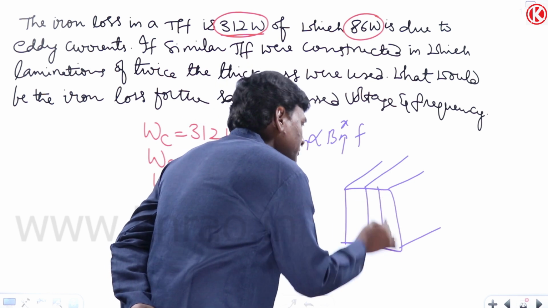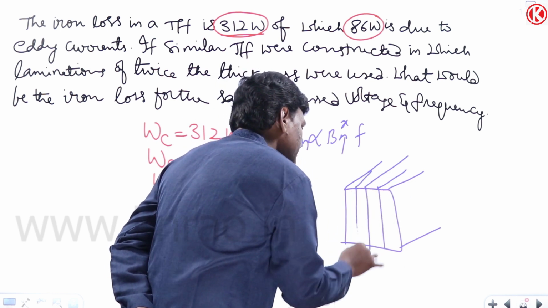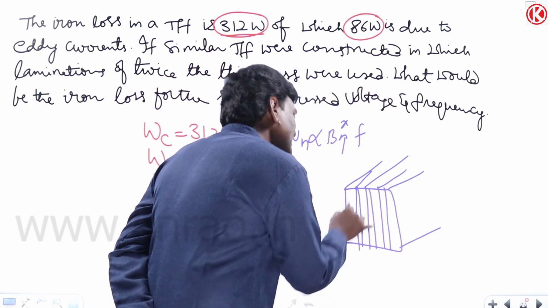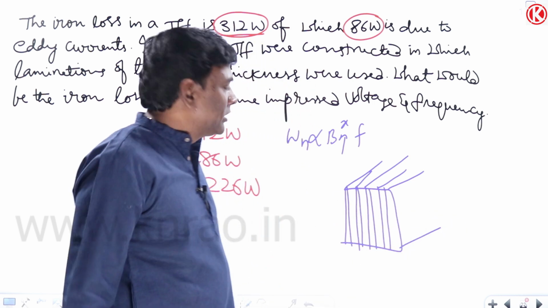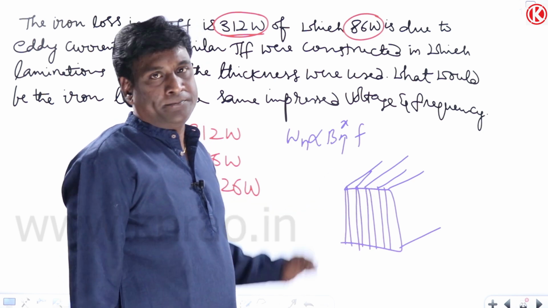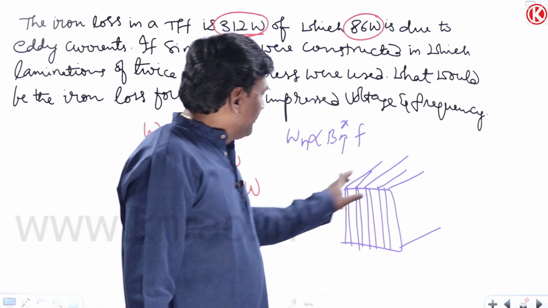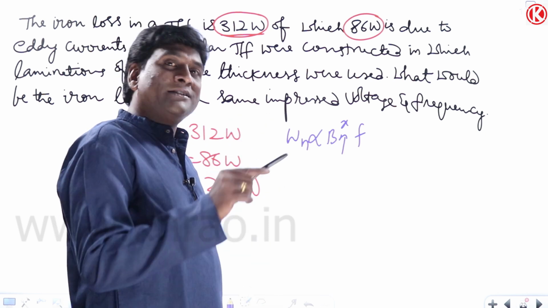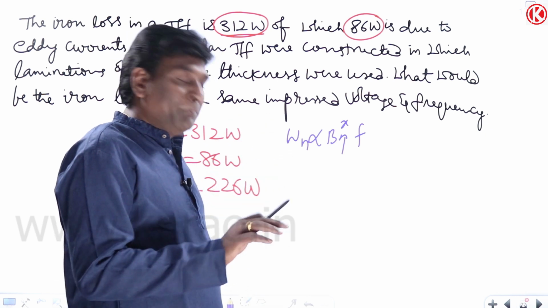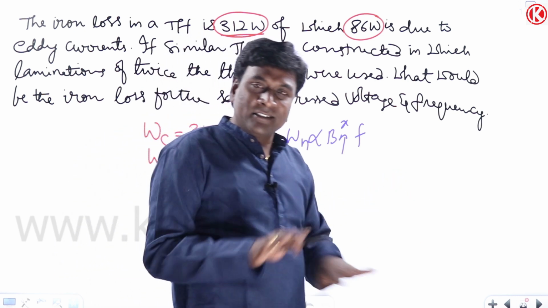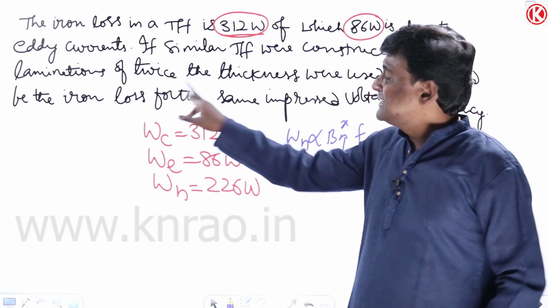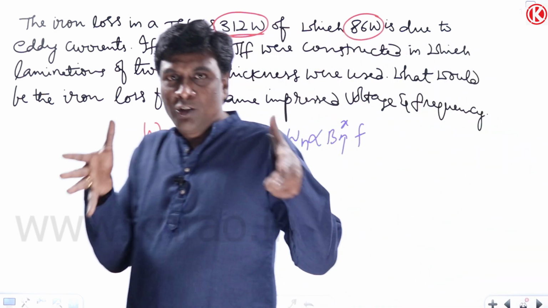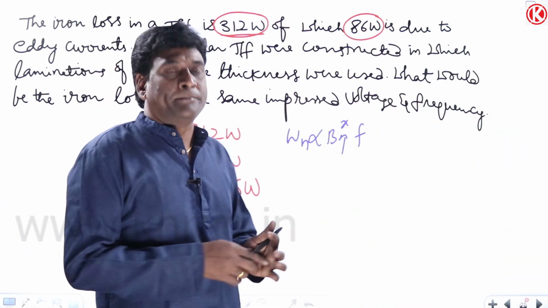If I use 4 laminations, thickness is reduced, number of laminations will be more, but volume of core will be same. Because in this particular question they said that thickness of laminations is doubled, but about volume of core they did not say anything. So volume of core will be same. The moment thickness of laminations is doubled, number of laminations will be half, such that area of cross section will be same.